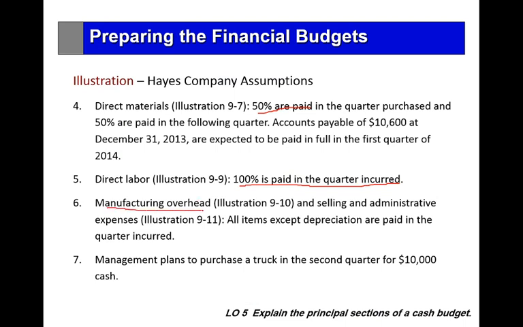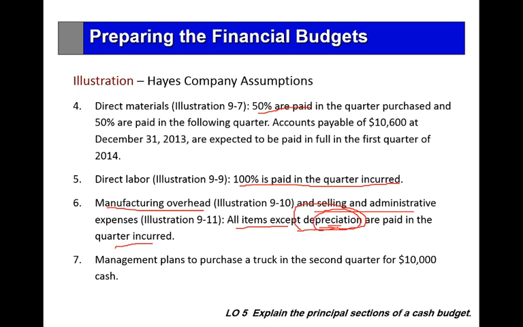We do not delay the salaries or wages of the labor. Manufacturing overhead and selling and administrative expenses, all items except depreciation, are paid in the quarter incurred. We don't delay payment of manufacturing overhead expenses and selling and administrative expenses, except for depreciation, which is a non-cash expense, and we don't pay depreciation.